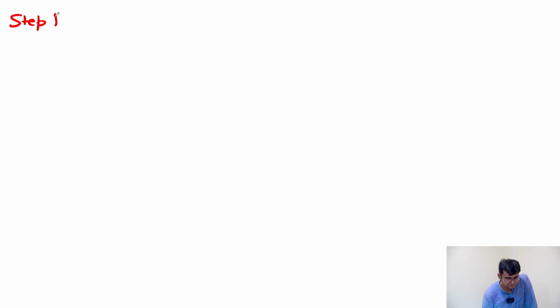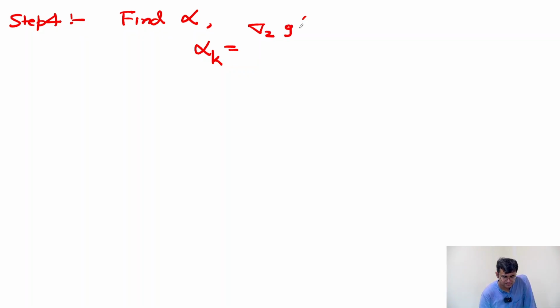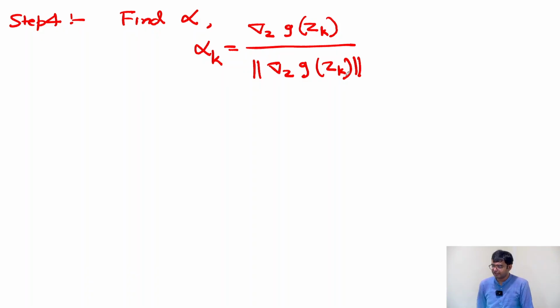So step 4 is find alpha, which is alpha k equal to grad g of zk divided by the norm, and that basically is your unit normal vector, right? So this is my alpha k.